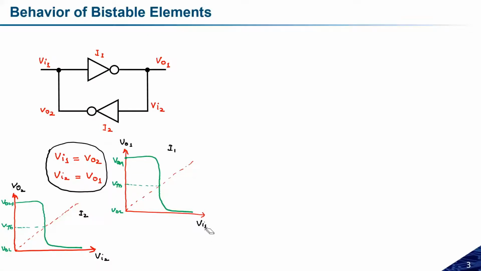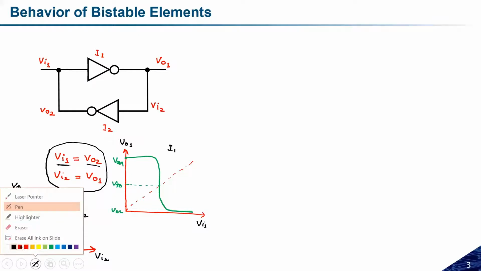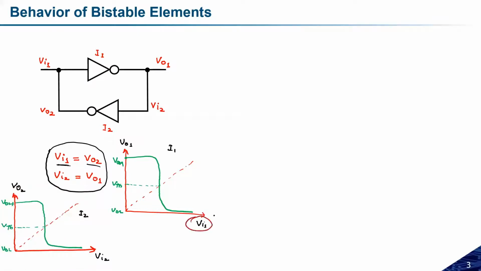But if we try to match the complete bistable circuit, then what will we see? We will see Vi1 is the same as VO2. Vi1 is here and VO2 is here, which are the same, but the axes are different, so we need to match the axes. What do I need to do?